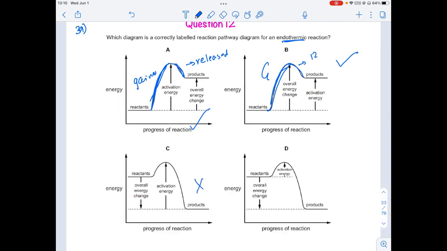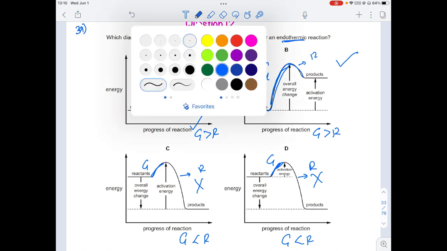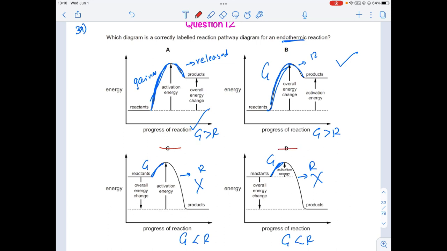But these two are not, because over here less energy is gained and more energy is released. Over here also, less energy is gained and more energy is released. So gain is less than release, gain is less than release, gain is greater than release, and gain is greater than release. So option A and option B are correct, and option C and option D are wrong.